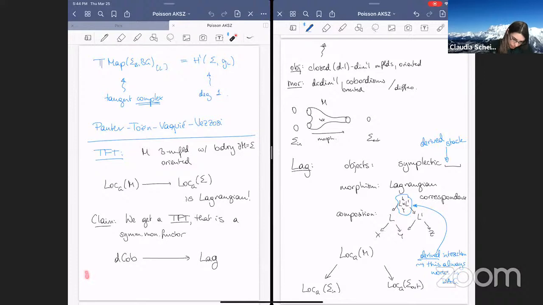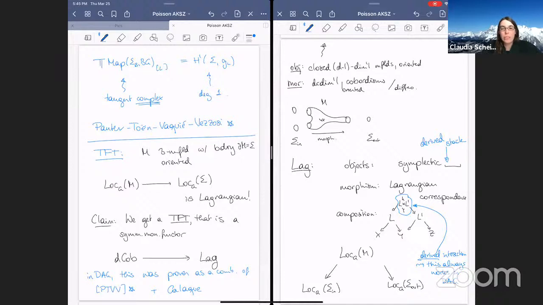So in DAG, this was proven as a combination of the PTVV results above here, plus then the TFT idea is due to Damien Calaque. All right, so this is the second thing I want to mention.